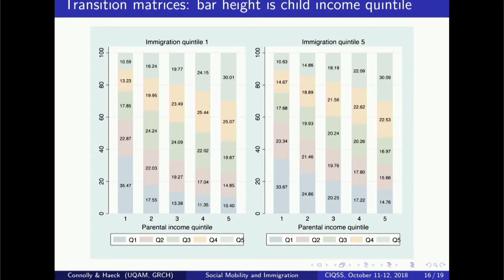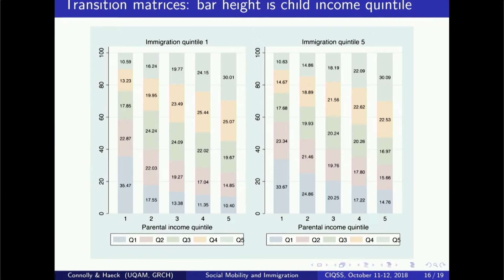So 33.7 here means that if I live in a heavily immigrant area and my parents were in the bottom income quintile, I have a 34% chance of staying in that bottom income quintile myself as an adult. And it goes up here, and I have a 10.6% chance of leaving the bottom and going all the way to the top. Okay, so this is how I read this.